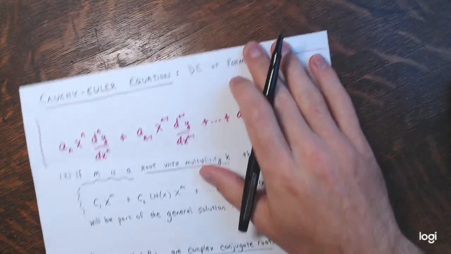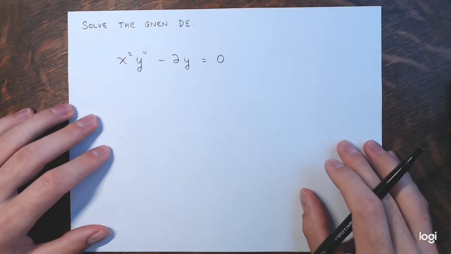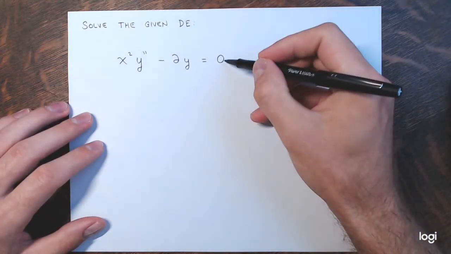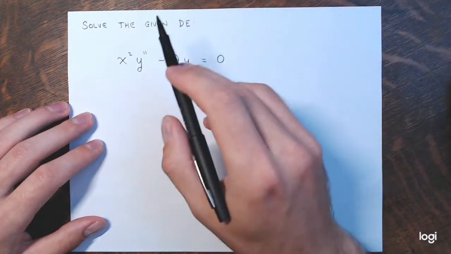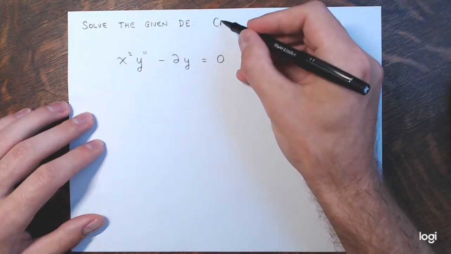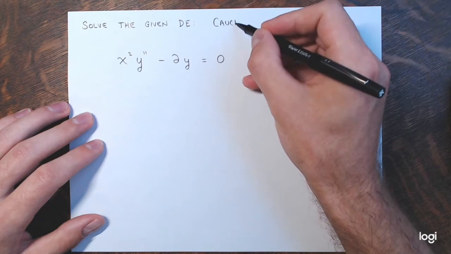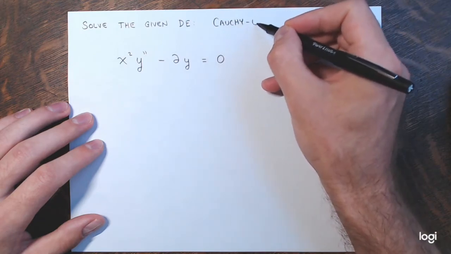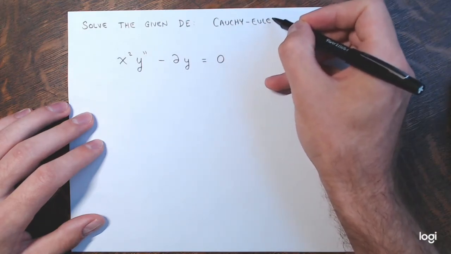All right, so let's look at an example of a Cauchy-Euler equation. And it's homogeneous again because this function on the other side is just 0. I should write up that these are Cauchy-Euler, and hopefully you can see that based on the form I had up earlier, right?